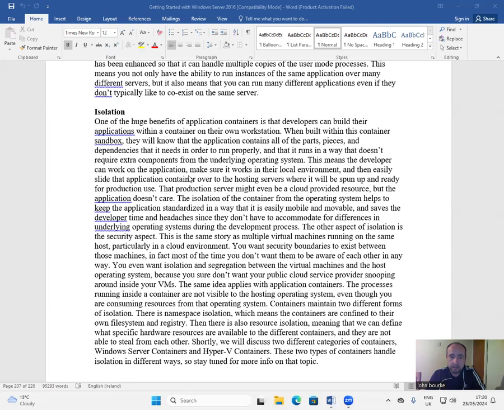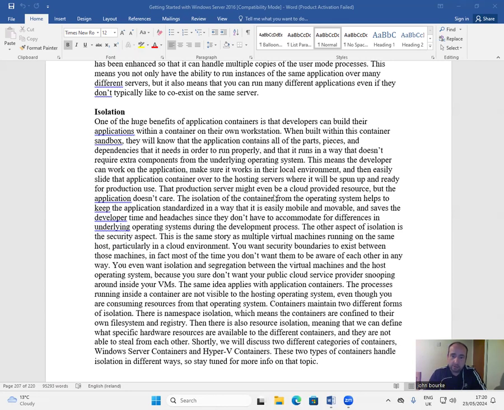This means the developer can work on the application, make sure it works in their local environment, and then easily slide that application container over to the hosting servers where it'll be spun up and ready for production use.